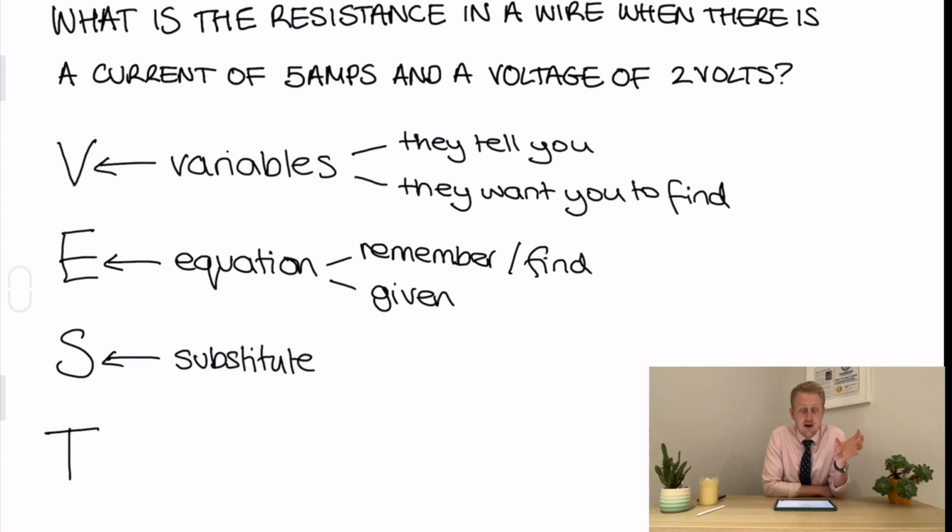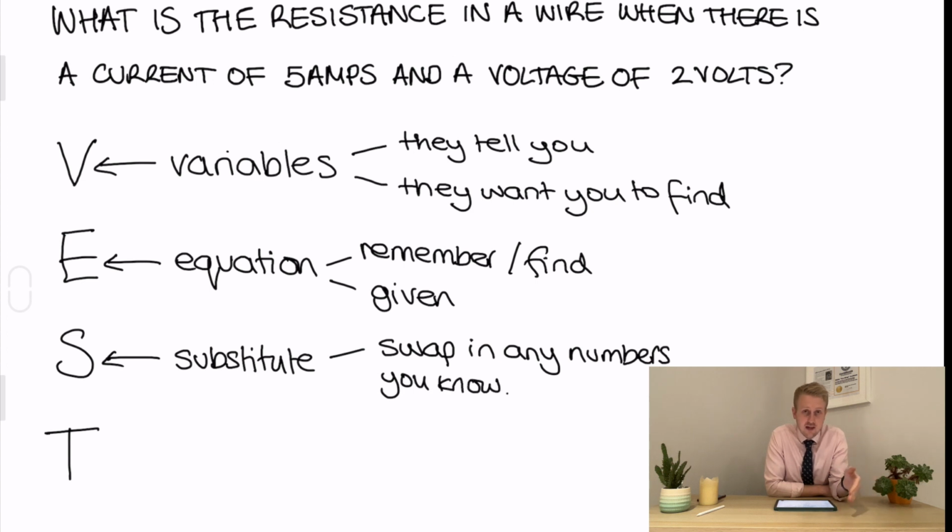Now this S part, this is for substitute, like they do in different sports. They switch things out. So for example, in football, where they'll change one player in for another. Here, we are changing any numbers we've got in for any of the words in the equation. Again, we'll come back to it in a minute. T stands for transform.